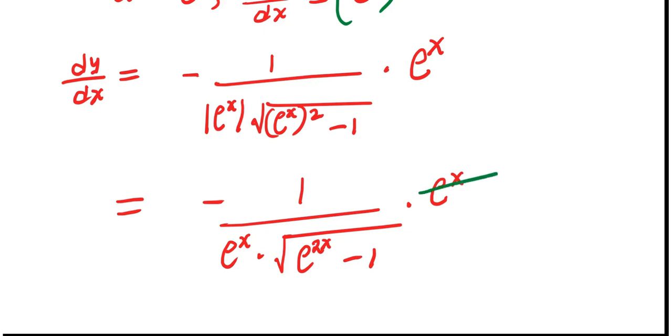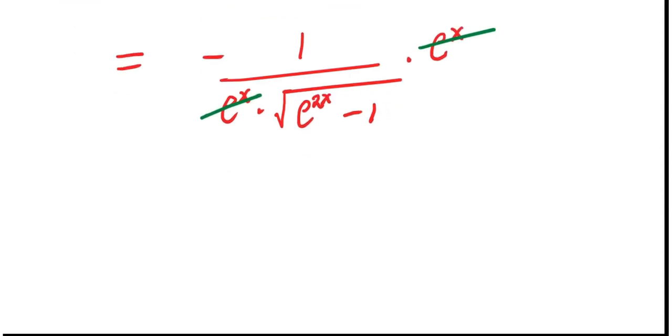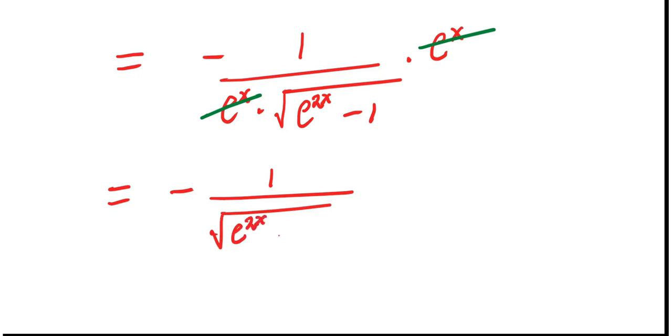So we can simply cancel this from here, and finally we are going to have negative 1 over the square root of e to the power of 2x minus 1. So this is the answer to this question, and I hope it makes some sense. Alright, let's go to the next one.